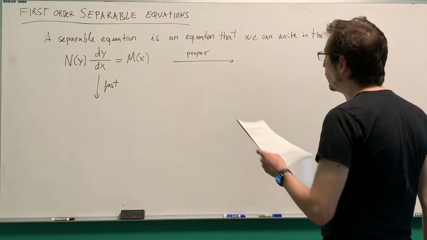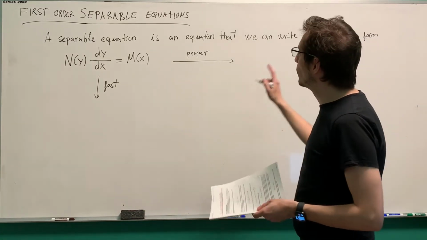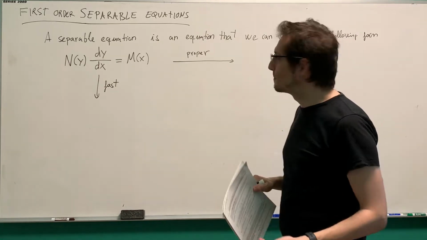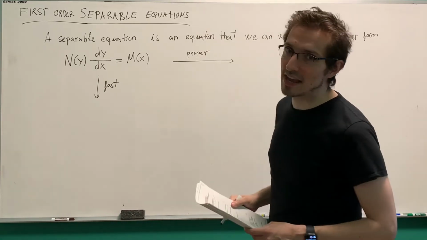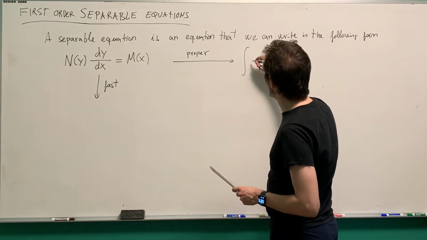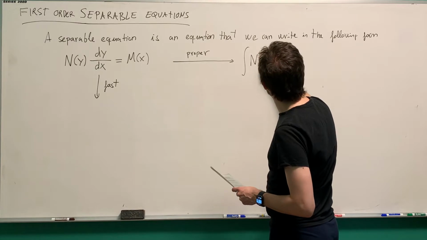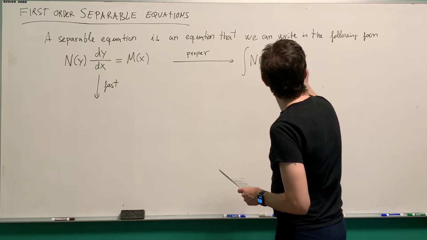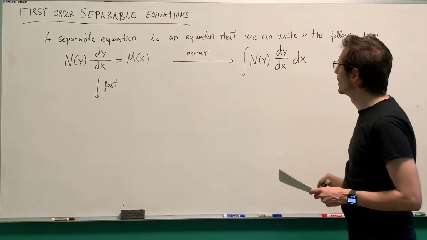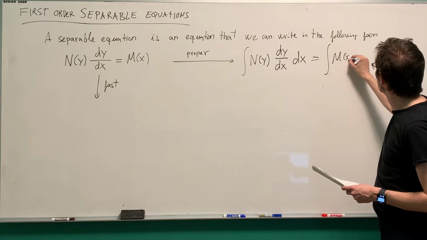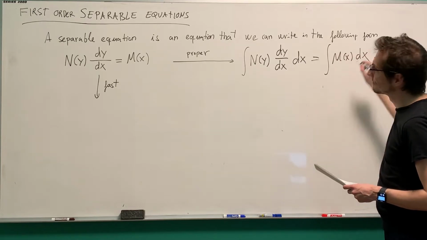Now, we have all the y's on the left, all the x's on the right. What we're going to do is integrate with respect to x on both sides, all right? So integrating with respect to x on both sides, I get the integral of N of y times dy/dx dx equals the integral of M of x dx.